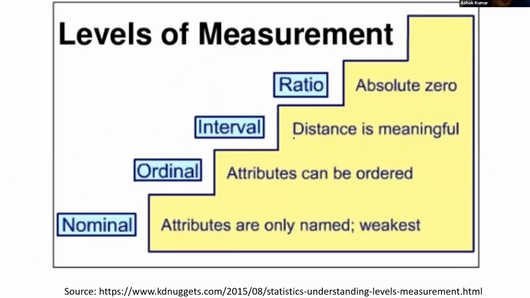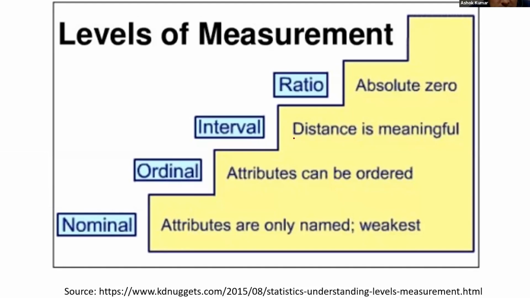Now, levels of measurement. You know very well about them, but you have to understand them once more. These are the familiar ones: nominal, ordinal, interval, and ratio. What is the meaning of these?